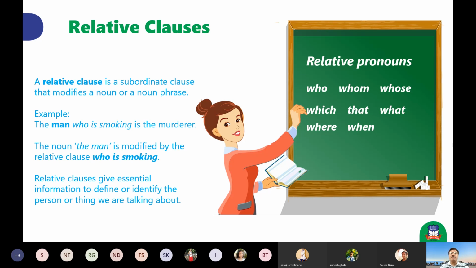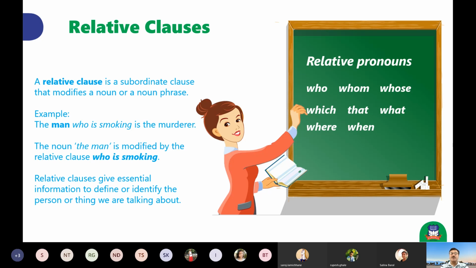When you say only man, it is not known who the man is. So when who is smoking is added there, it identifies that particular man who is smoking at the moment of speaking. So the man is the murderer is the main clause. Who is smoking is the subordinate clause.